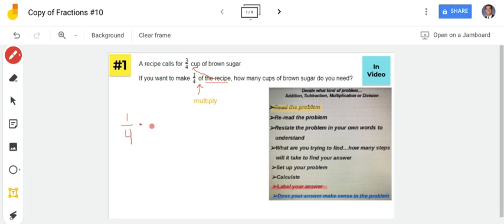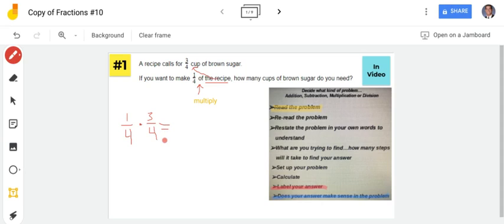So if I want 1/4 of the recipe, I'm going to use 1/4 of what I would normally use. So I want 1/4 of 3/4, since that's what I normally use if I were to make the whole recipe. But I'm not making the whole recipe, I'm only making 1/4 of it. So I want 1/4 of, or times, 3/4.